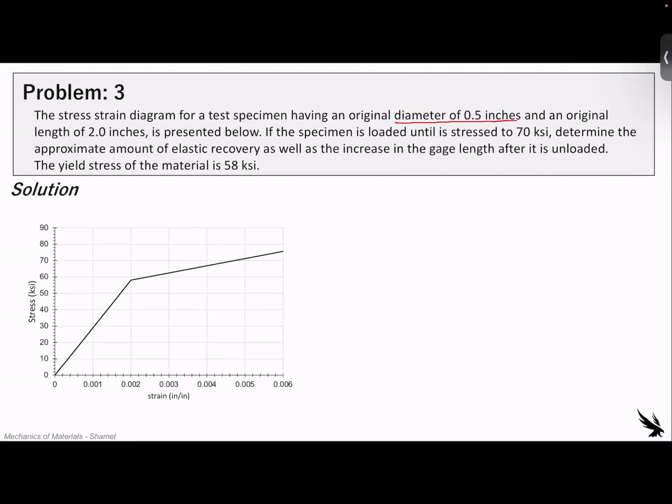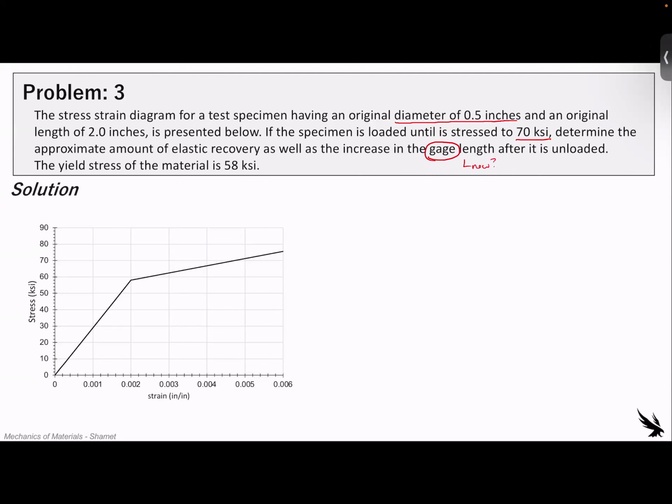And if the specimen is loaded until a stress of 70 KSI, what would be the approximate amount of elastic recovery as well as the increase in gauge length after it's unloaded? Gauge length just means length of the specimen. So what would be the L nu?